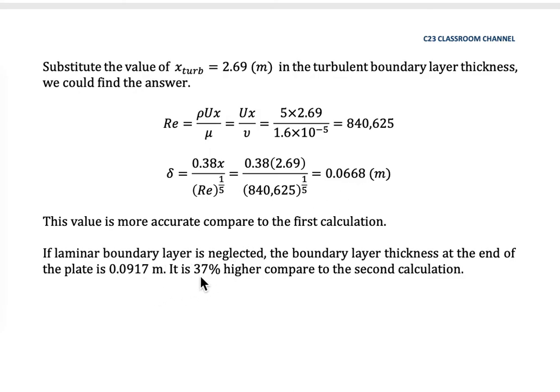It has a 37% difference. The first calculation shows a higher value, 0.0917, while the second calculation is 0.0668. According to observation from experimental work, if you could conduct it, the calculation that accounts for the laminar boundary layer is more accurate compared to the previous one.